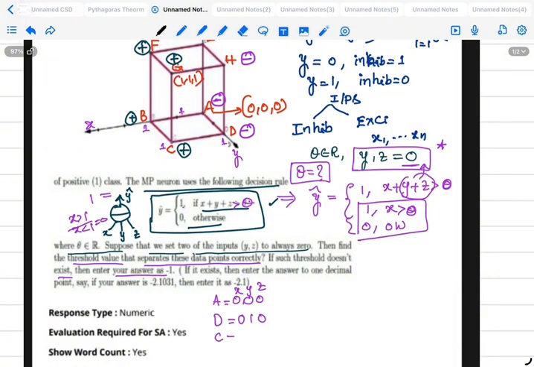And next C is where both x and y are 1 and z is 0. Next B is the point on the x-axis, only the x coordinate is 1, rest all 0.